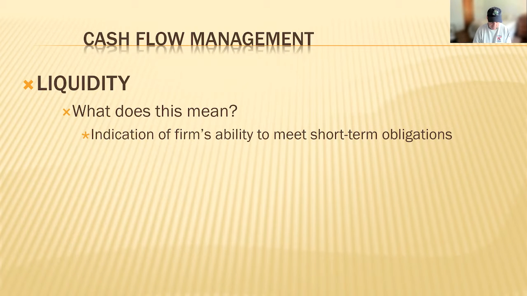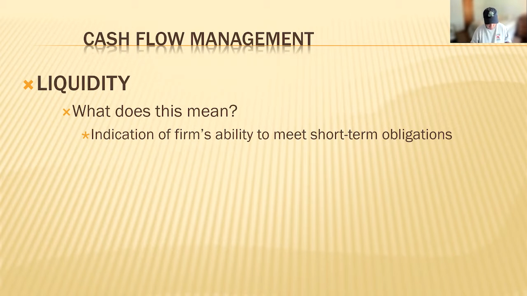So it's only the piece that would be payable within the current year. And so you're looking at the ability for the firm to do that. If your short-term debt is higher than your short-term ability to pay, well, again, that would be an issue to look at.